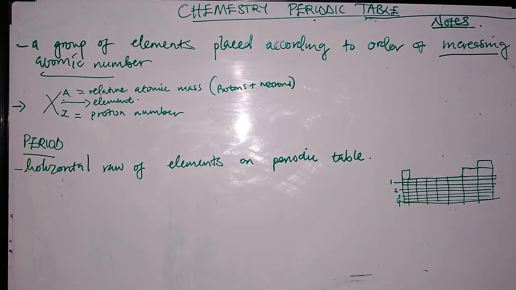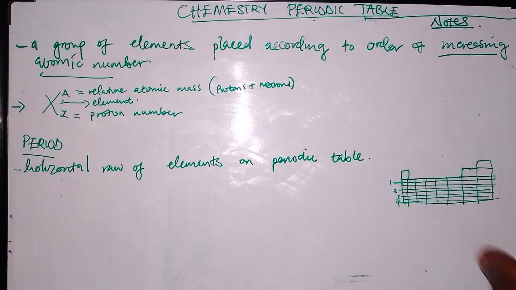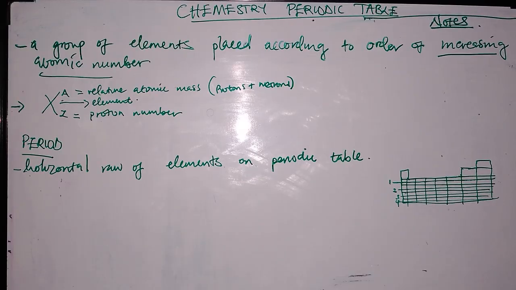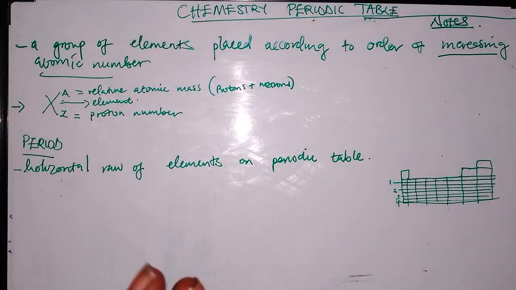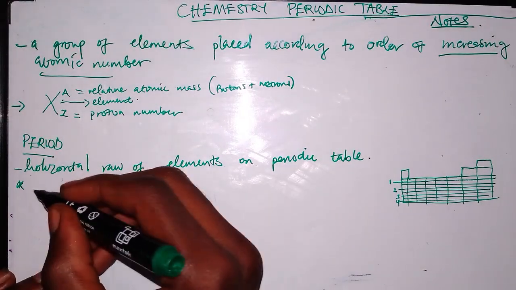I don't have a periodic table on me, but you can use your periodic table to identify the periods, just like this. You have to remember that the first period has only 2 elements.